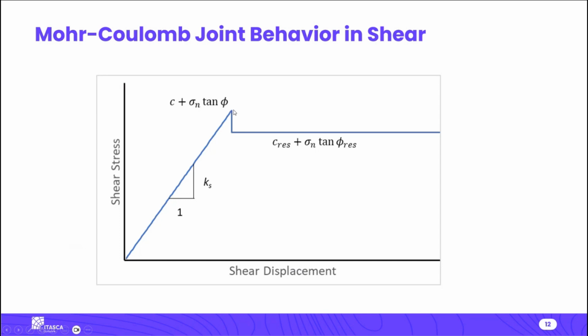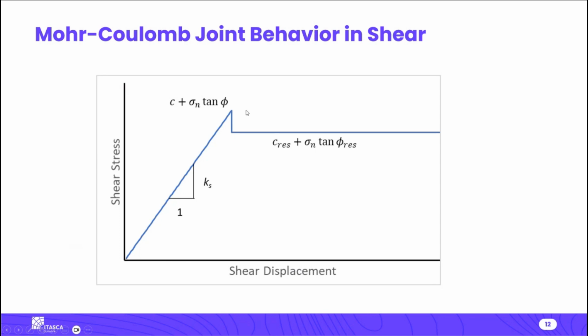Eventually, you reach the peak strength. The peak strength is given, of course, by the cohesion and the friction angle. The peak strength is calculated using the normal stress. So the peak strength in shear is just cohesion plus the normal stress times the tangent of the friction angle. If the shear stress hits this, the joint fails. What happens after failure depends on the residual properties.